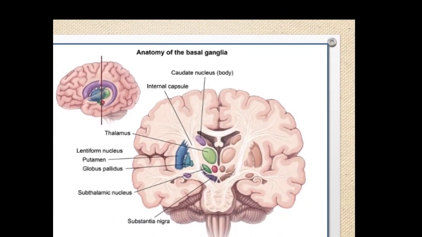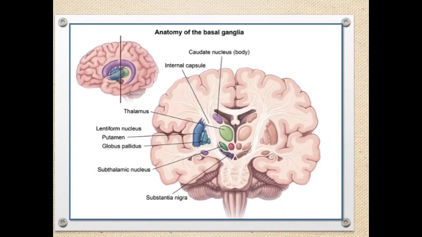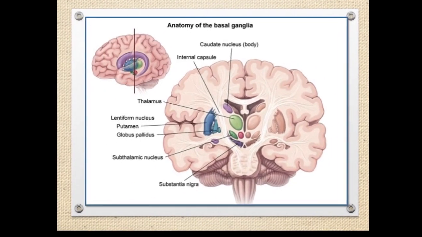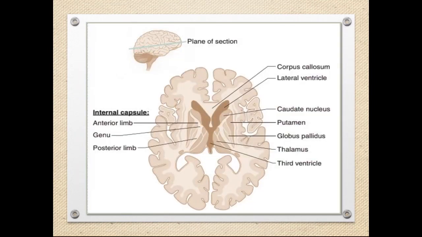There are many other structures when doing different cut sections, either through the coronal or frontal section. This is when we do the vertical section. Then there is one more cut section, the horizontal plane: we remove this part of the brain and look from above, and it will appear this way.